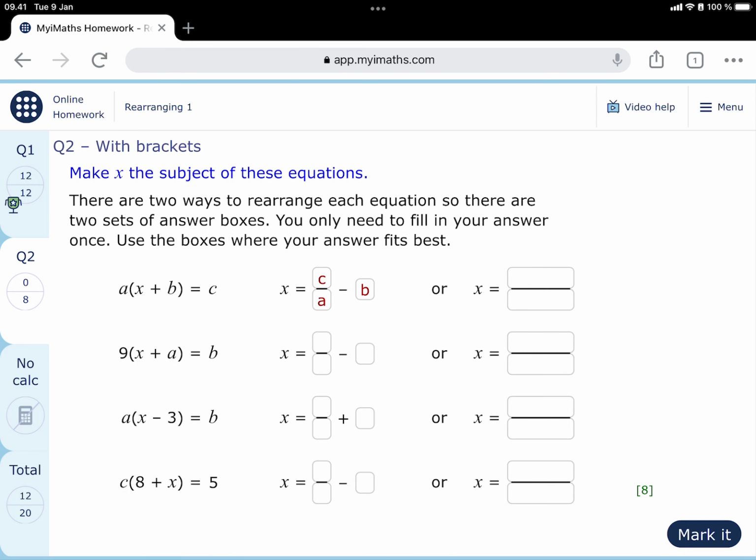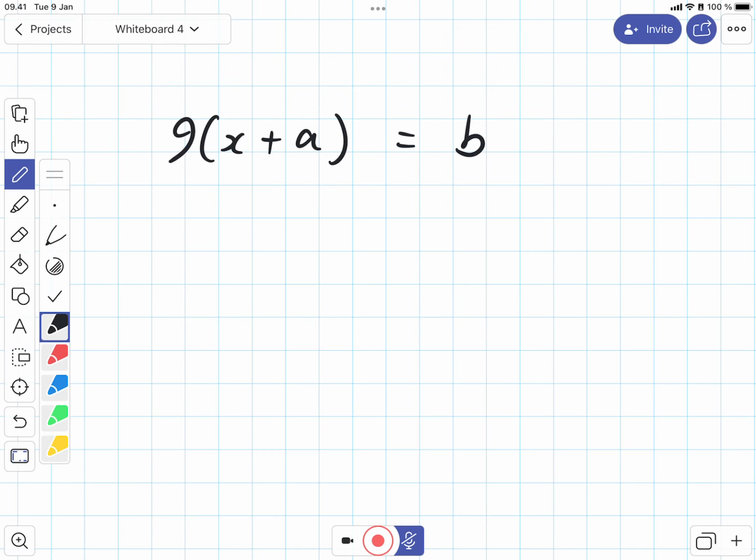The next question says 9(x + a) equals b. So we've got 9 times x plus a in brackets equals b. I'll get closer to the x if I divide everything by 9, so that I'm just left with what's in that bracket, the x plus a, but I need to divide the other side by 9 as well to maintain the balance.